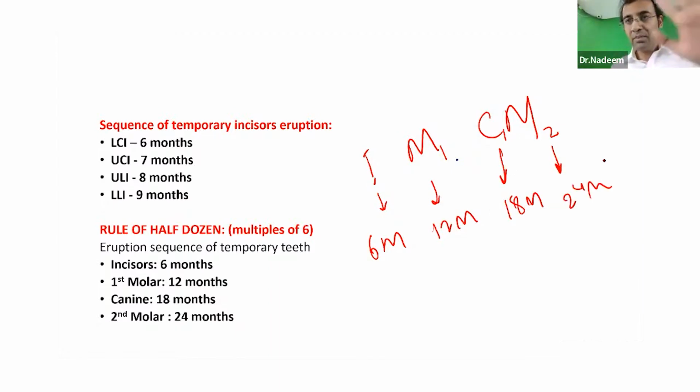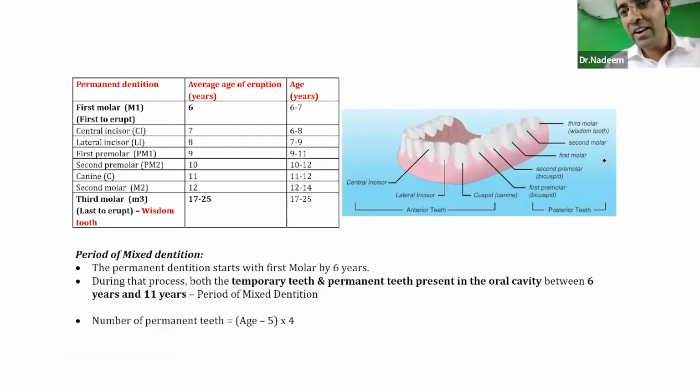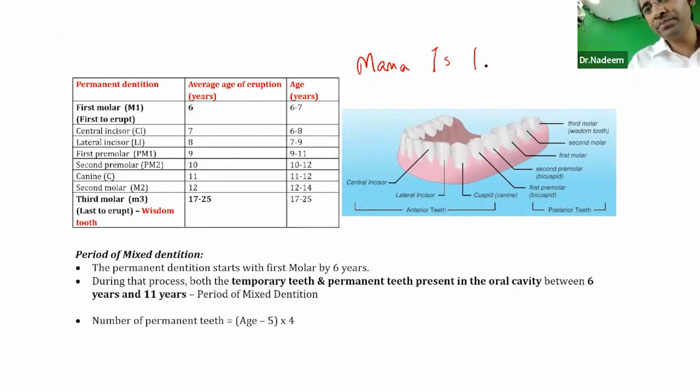All primary teeth completed. Now, what about the secondary dentition? What about the permanent teeth? Mnemonic is: Mama is in pain. Papa can make medicine.